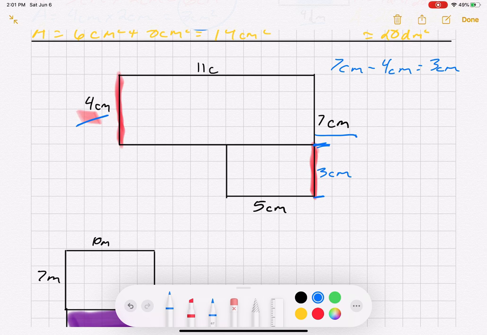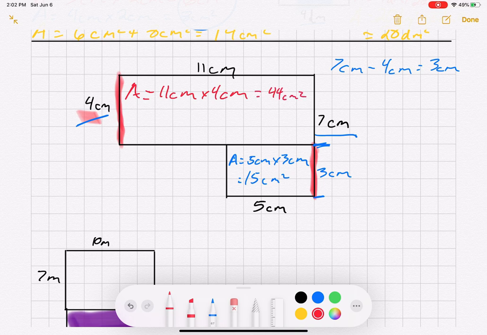So now I have all the information that I need in order to figure this out. The area of this rectangle would be 5 centimeters times 3 centimeters, and that would be 15 centimeters squared. Okay, and then the area in this section would be 11 centimeters times 4 centimeters, which would equal 44 centimeters squared.